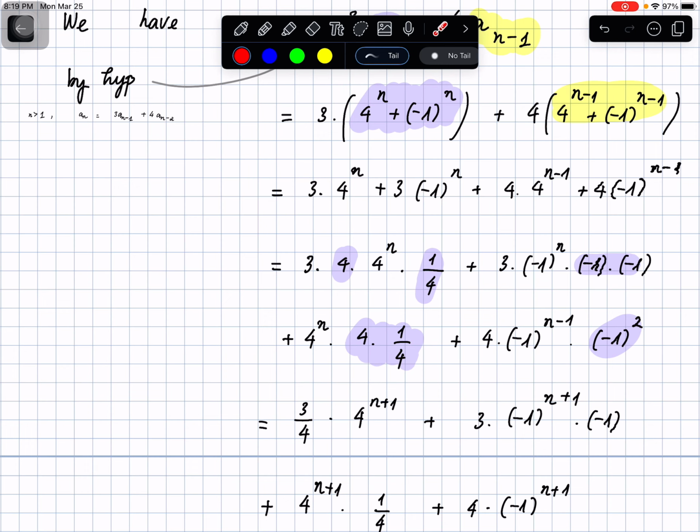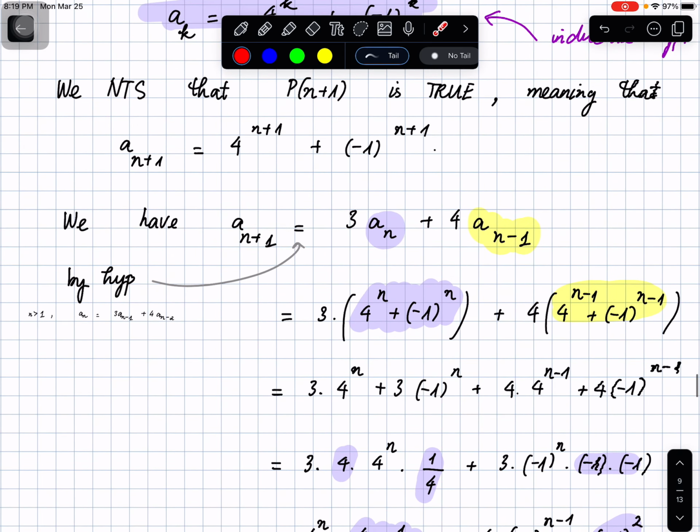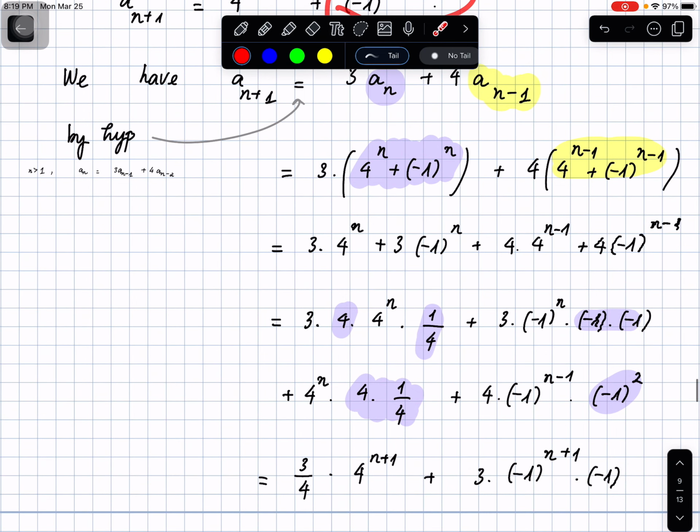Okay, for the second term, we want to have minus 1 to the n plus 1, right? So to get that, I multiply by minus 1, and I multiply by minus 1 one more time, so that this term will give exactly 1, so nothing changed. It's still 3 times minus 1 to the n.